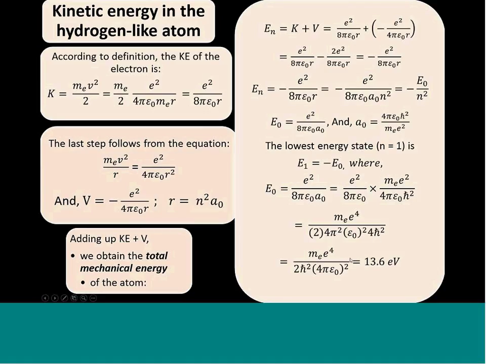Okay, so ni bergabungkan M E kuasa 4 per H bar kuasa 2. Ini dibawa ke depan. Yang 4 pi E no ni diletak dalam kurungan kan. So ini kalau kirakan seterusnya akan dapat equal to 13.6 electron volt.